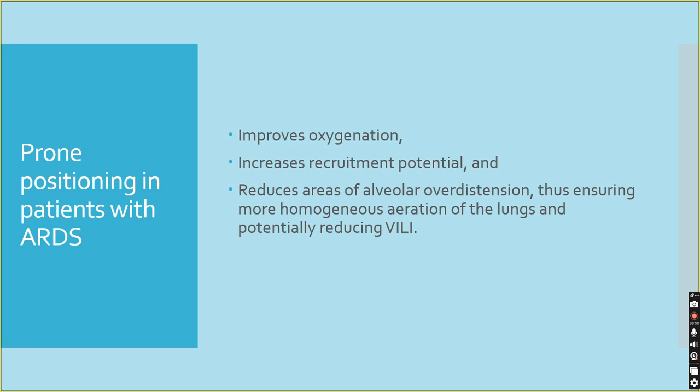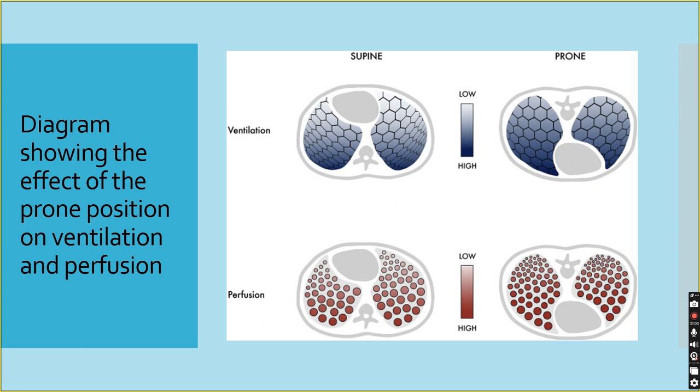Next slide. So this slide explains how prone improves the oxygenation. When patient is turned prone from supine, if you see this is a patient supine and the basal lung is actually collapsed because of the pressure of the heart, and the perfusion of the ventral part of the lung is also compromised with heart around.